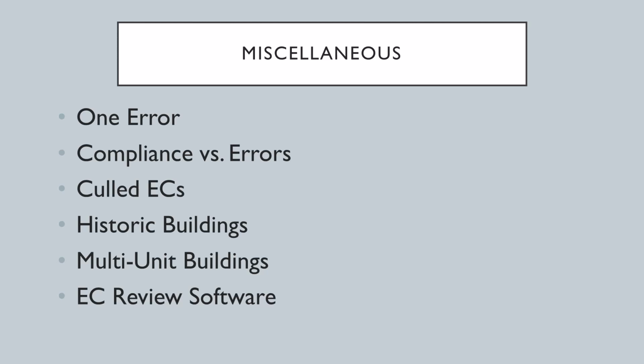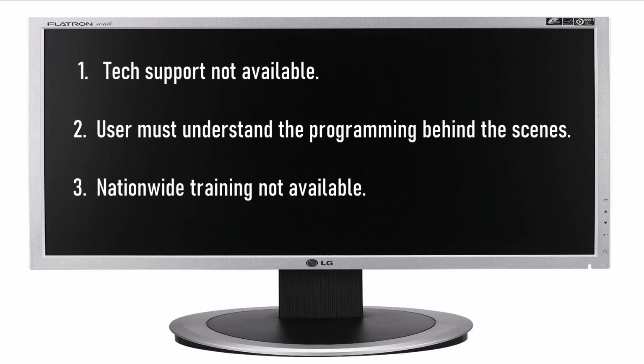Many communities have requested the software. Unfortunately, we cannot make our software available for the following reasons. The first is that the programming behind it is continually being perfected and updated as we improve our processes and as FEMA makes changes. Currently, we do not have the ability to push upgrades and provide tech support.